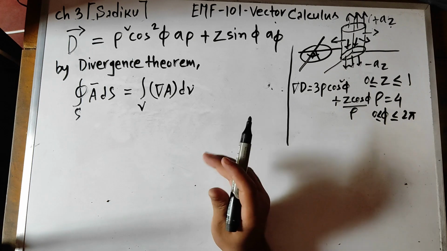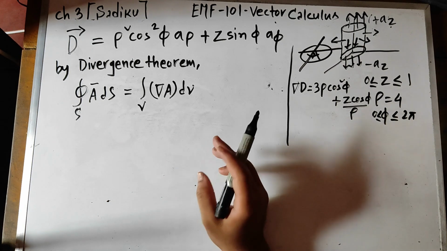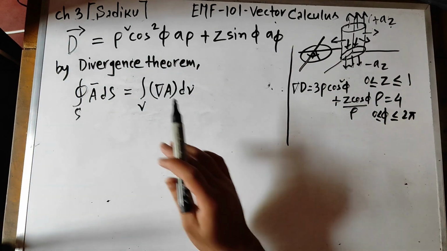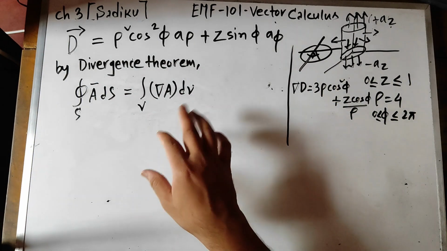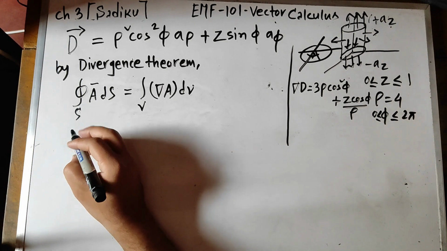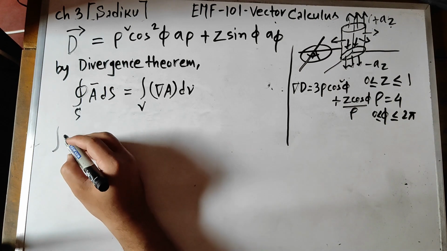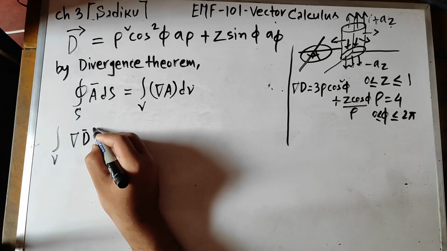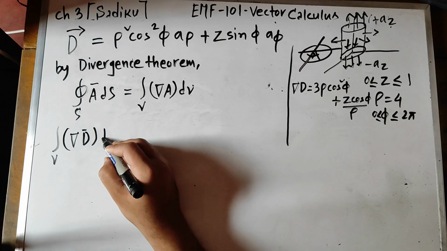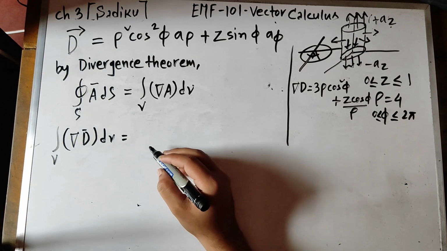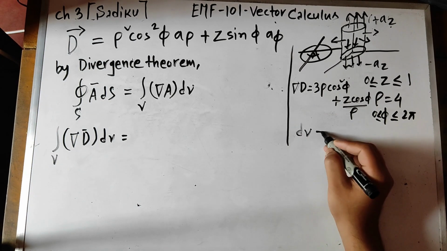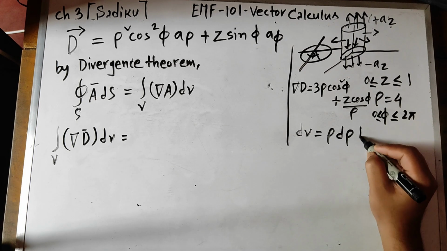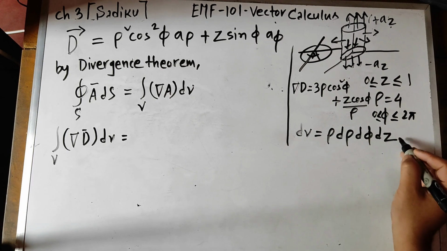So this is the divergence theorem. Now that we have found the divergence for this vector, we just have to take the volume integral of the divergence of the vector dv. The differential volume in cylindrical form is rho d rho d phi dz.